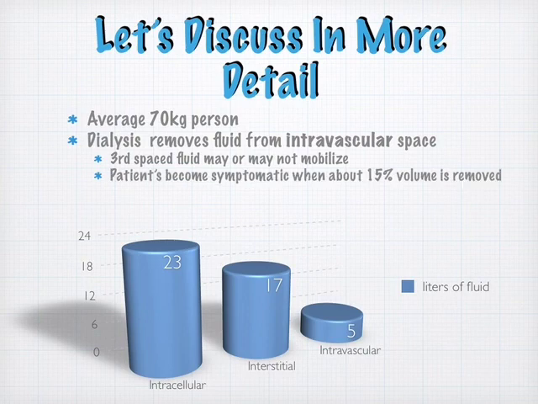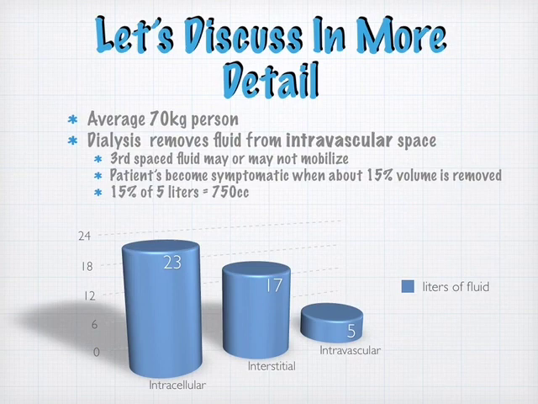So patients become symptomatic. I mean, it's a little bit textbook, but they become symptomatic when you remove about 15% of their blood volume. So if you have 5 liters of fluid in your intravascular space, 15% of that is 750 cc's.